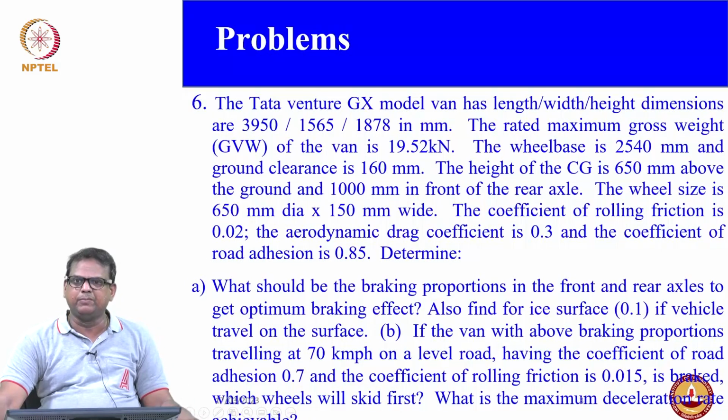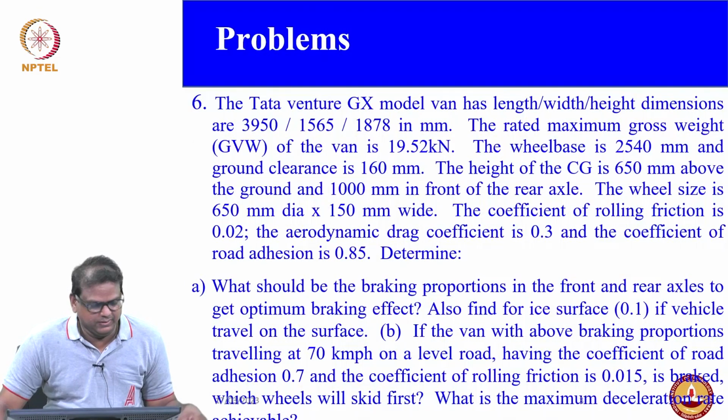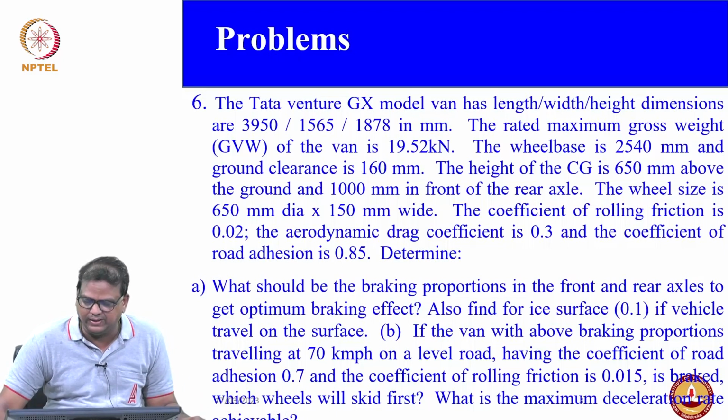This is problem number 6. It's a big problem. The Tata Venture GX model van has length, width, height dimensions of 3950, 1565, 1878 in millimeter. The rated maximum gross weight, GVW, of the van is 19.52 kilonewton. The wheelbase is 2540 millimeter and the ground clearance is 160 millimeter.